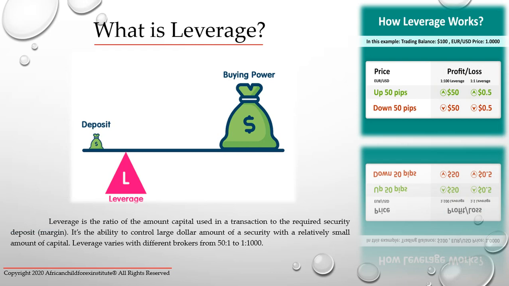So you can have $100 in your account, yet you're trading as though you have 100,000. They're giving you 1,000 times more access to buy into a currency. This is very sensitive, because the higher the leverage you have, the higher your ability to buy and sell. But it's also dangerous, because the more leverage you have, the more exposed your account becomes.